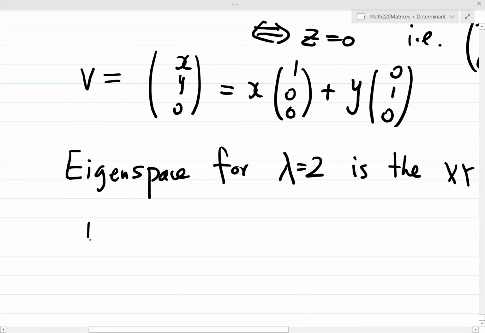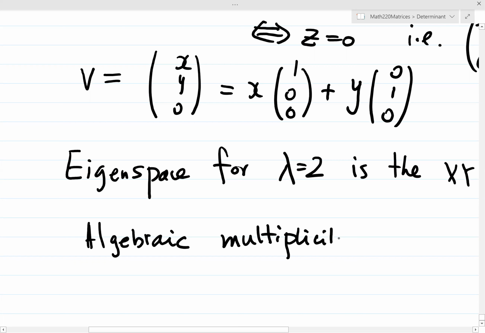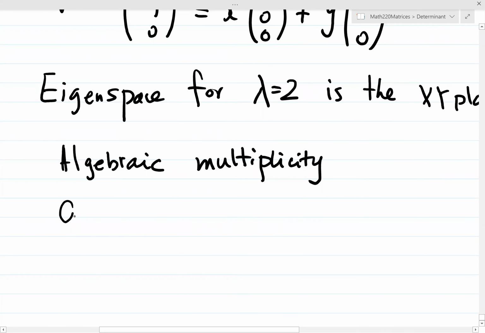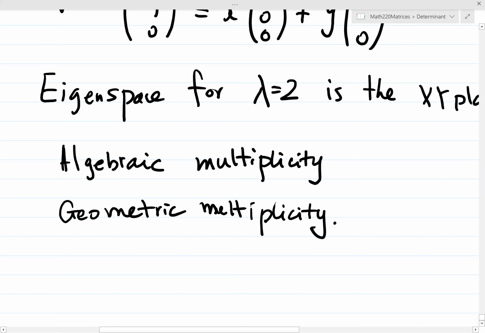So we have the algebraic multiplicity and also the geometric multiplicity. They may differ, but the geometric multiplicity is never larger than the algebraic multiplicity. So this is for the eigenvalue 2.